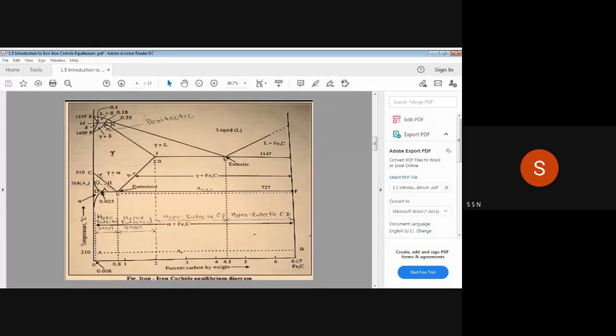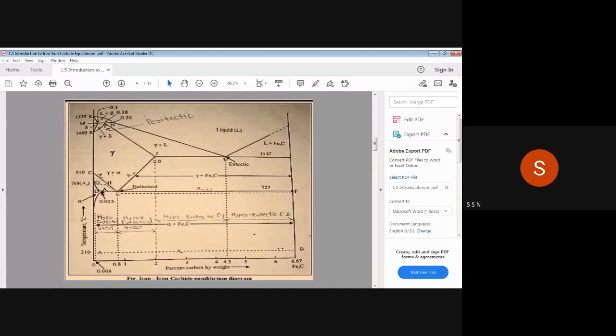So 0% and 6.67% represent the carbon percentage inside the iron. The extreme left side is pure iron, that means 0% carbon and 100% iron. And on the extreme right-hand side, 6.67% carbon, and the remaining out of 100 is iron.